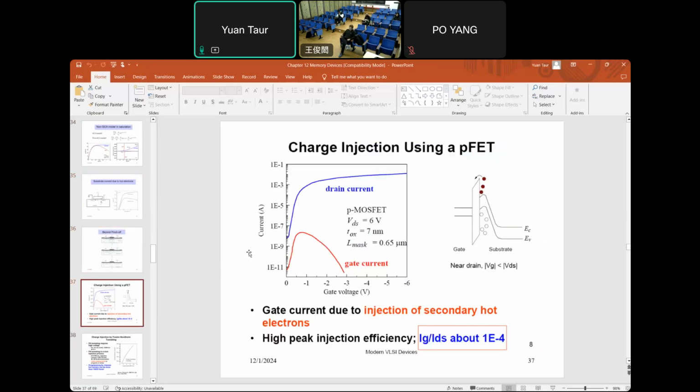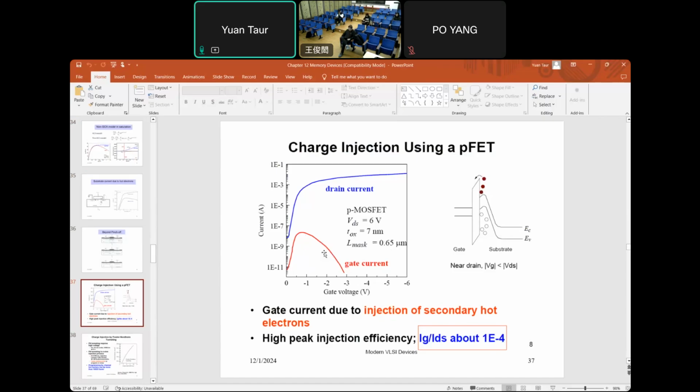Now, instead of NFET, if you use PFET, then you have a much better efficiency. You can see that previously we used NFET, and the efficiency is about 10 to the minus 8. This can be 10 to the minus 4 if we use a PFET. Same VDS, same oxide, same channel, but PFET.